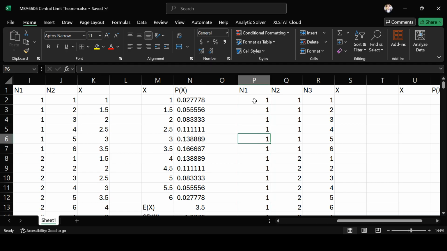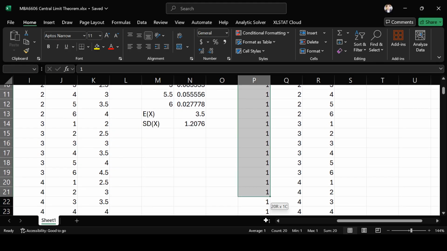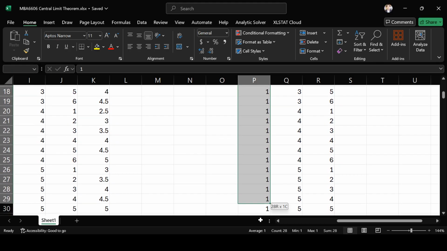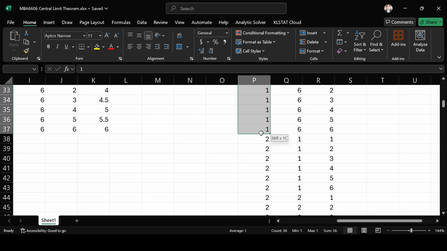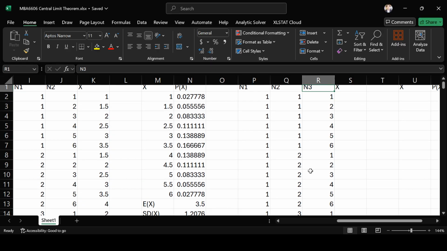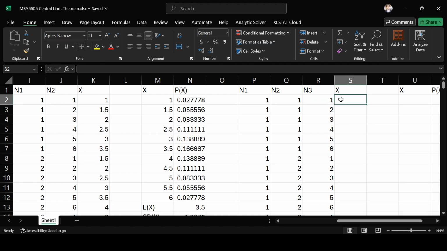Right. So for 1 on the first dice, there are 36 possibilities on the dice 2 and 3. That's what we have enumerated here, and so on and so forth. So we get a total of 216 possibilities.